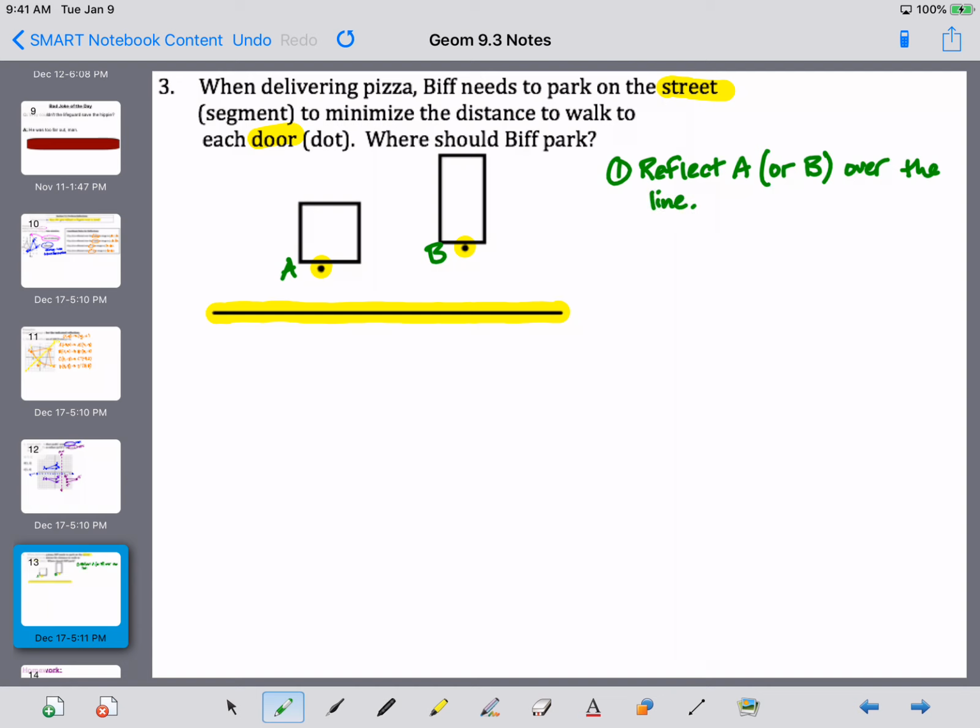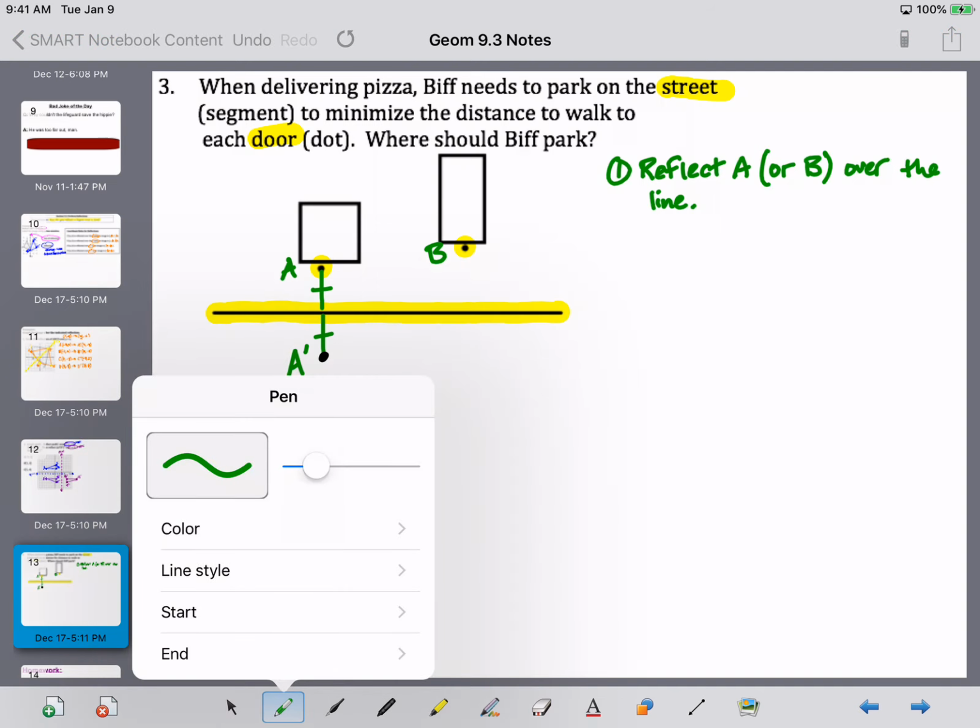We're going to take this point A, here it is, and reflect it over the line so that this is the same distance. And this is just a sketch, so you don't have to worry about it being super accurate. We're going to call this point here A prime. So this distance is the same as this distance. Well, that's our first step.